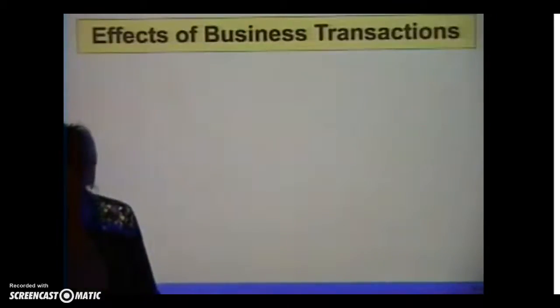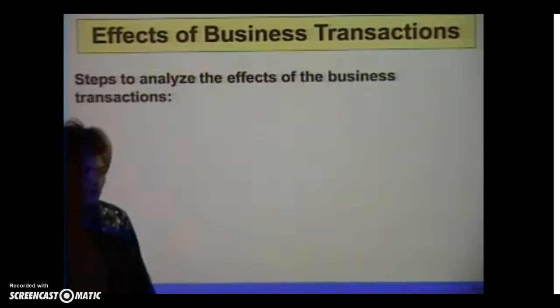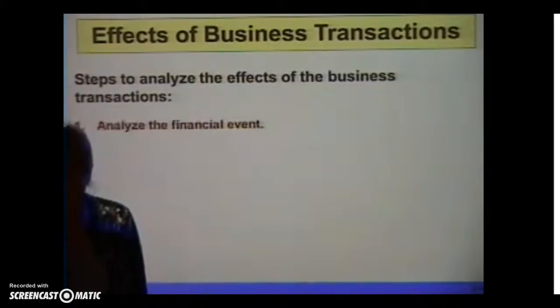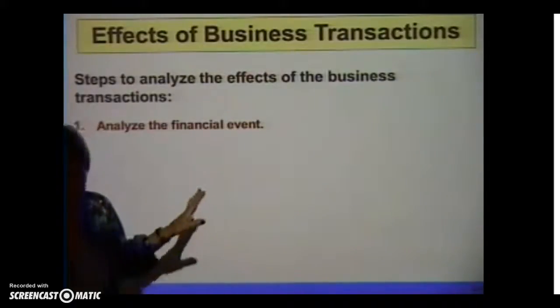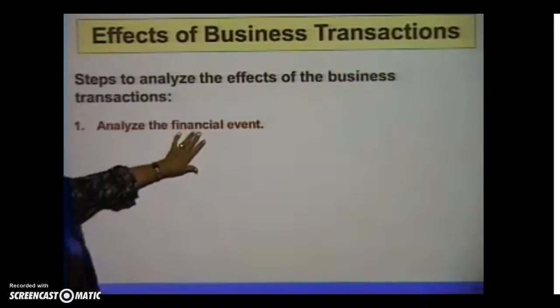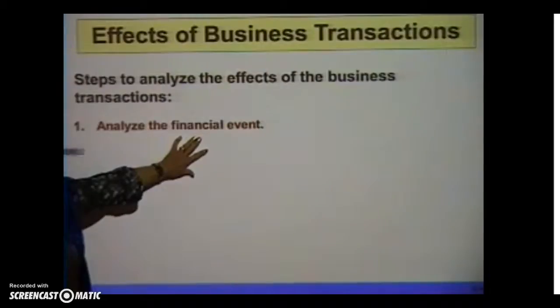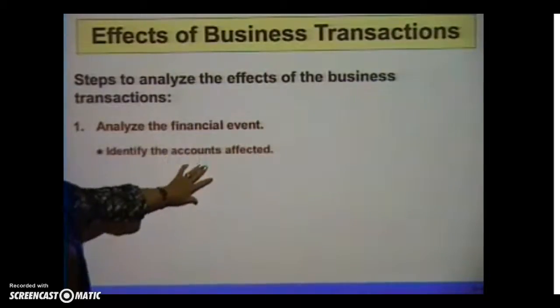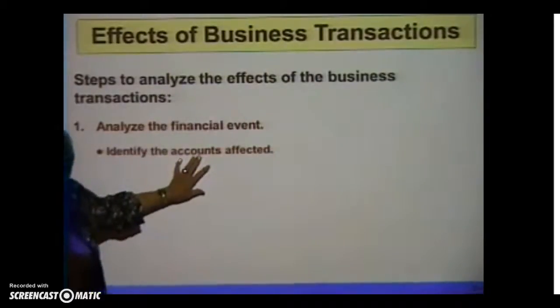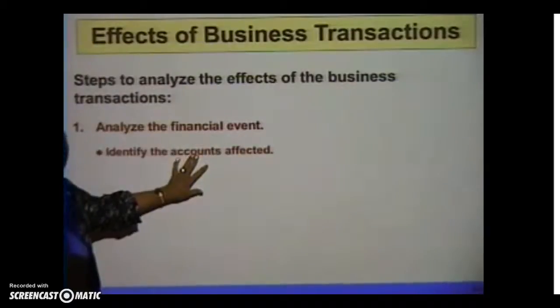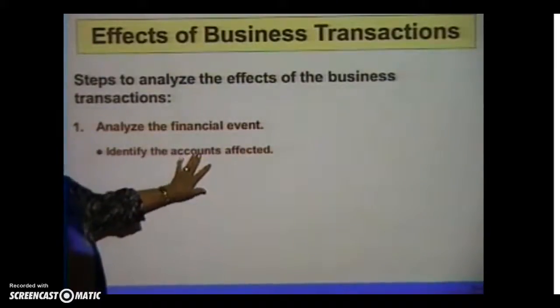All right, so T accounts and the effects of the transactions. We've talked about this already. We went through this completely, right? In Chapter 2, we talked about what happened, what accounts were affected. Remember, we talked about cash going down and equipment going up if we bought equipment.